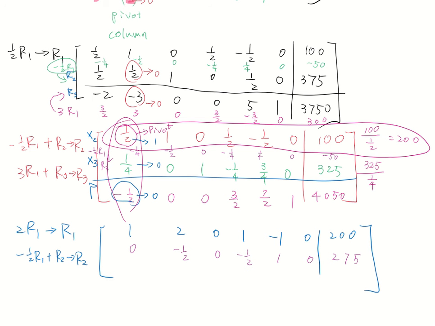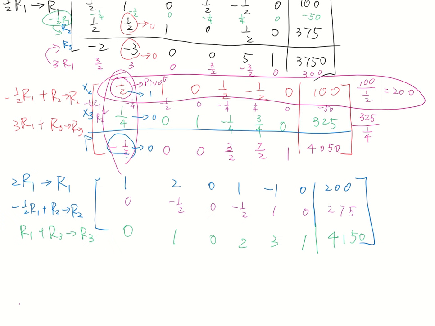Okay, now for R3, we will just add R1 to R3 so that the last element in the pivot column is 0. So it will give us 0 here, 1, 0, 2, 3, 1, and 4,150.